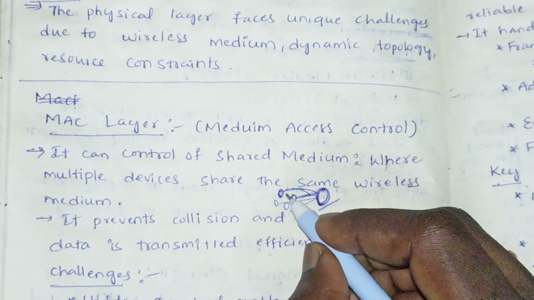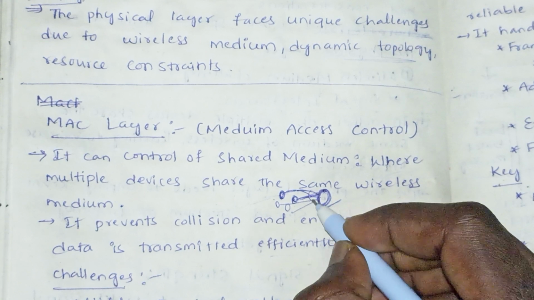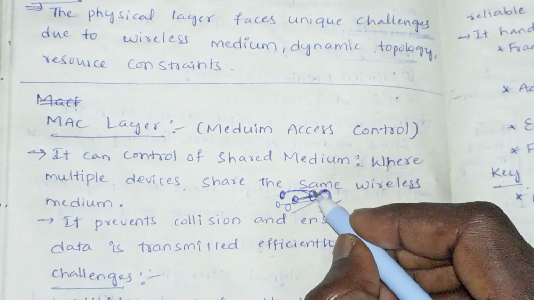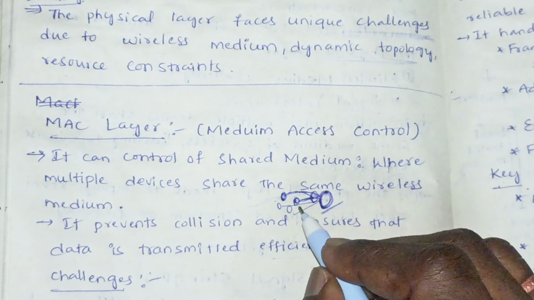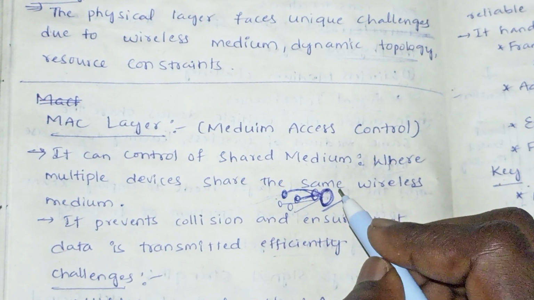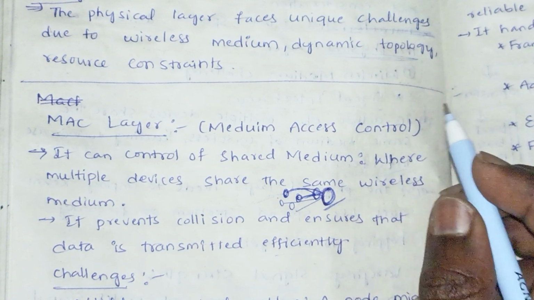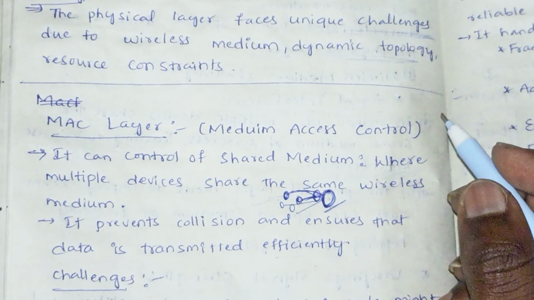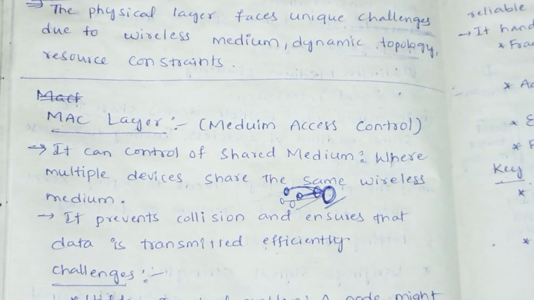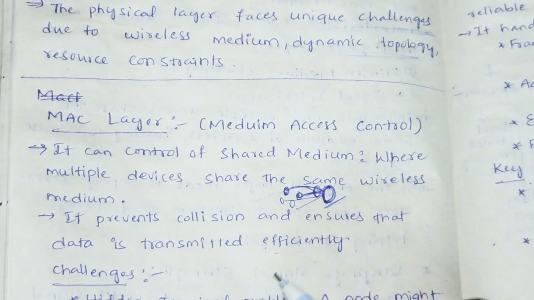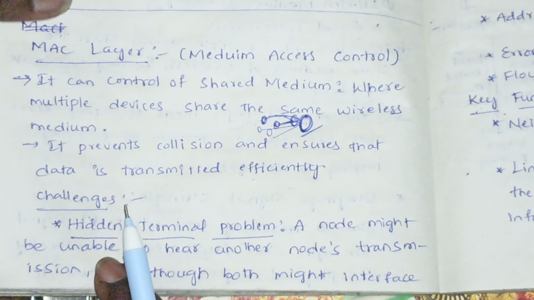If something happens differently in between, then both will collide. So the function of the MAC layer is to prevent the collision. Collision will be removed from the network.